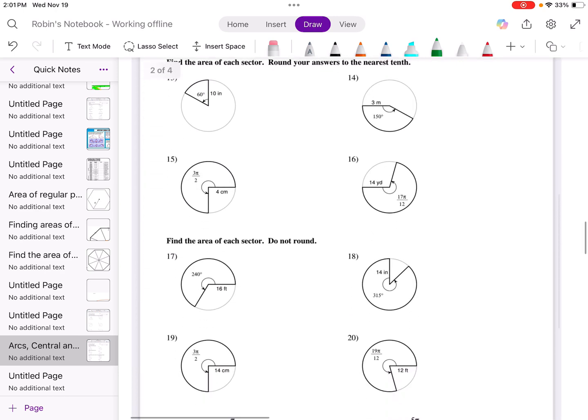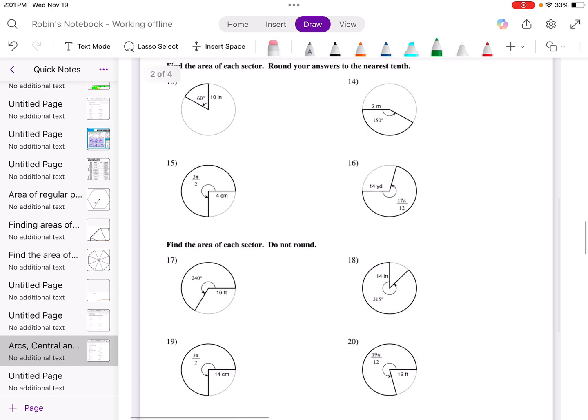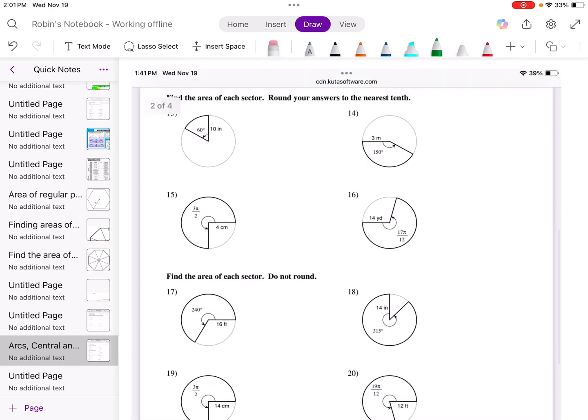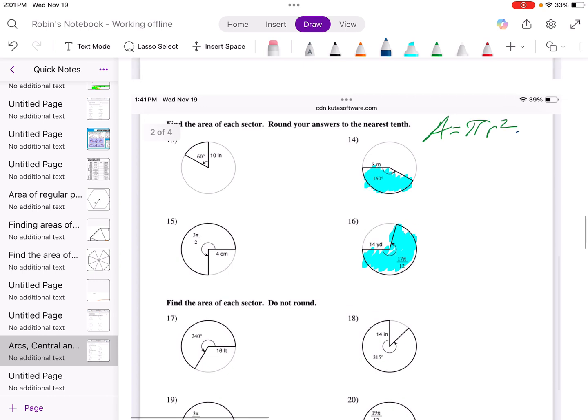Sectors, that's where you're using your area formula of pi r squared. Because every single time in here, I have the parts of the area. Okay, so times the theta over the 360.